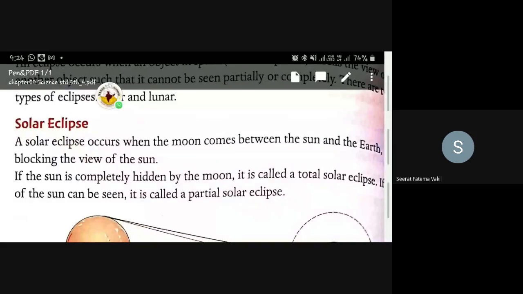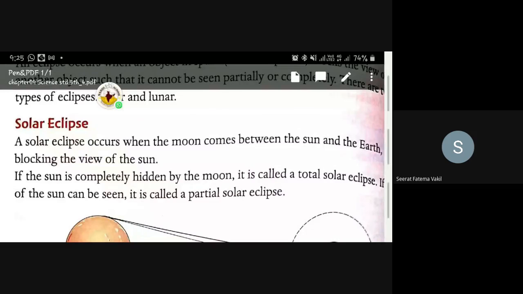Solar eclipse. A solar eclipse occurs when the moon comes between the sun and the earth, blocking the view of the sun. If the sun is completely hidden by the moon, it is called a total solar eclipse.